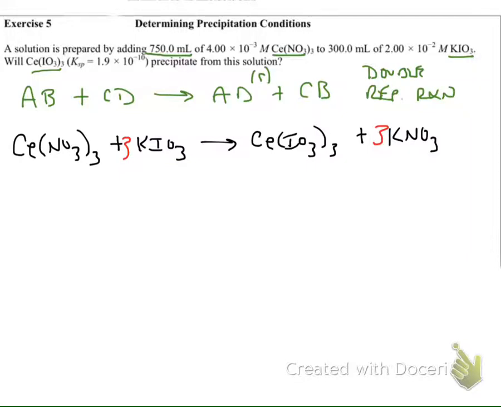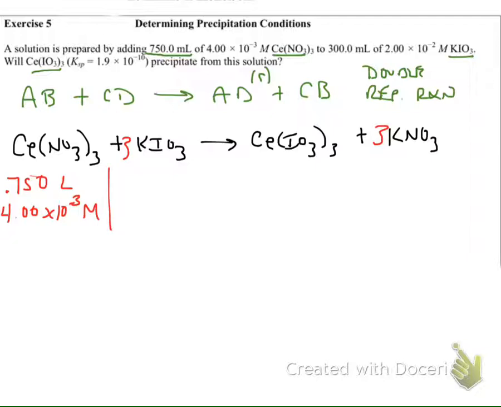So I have this information here. I have 750 milliliters, or 0.75 liters, of 4.00 times 10 to the negative third molar.